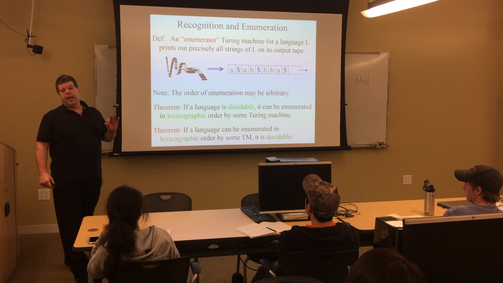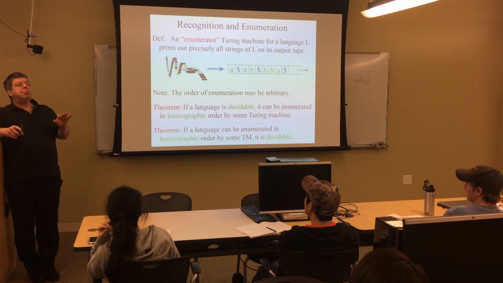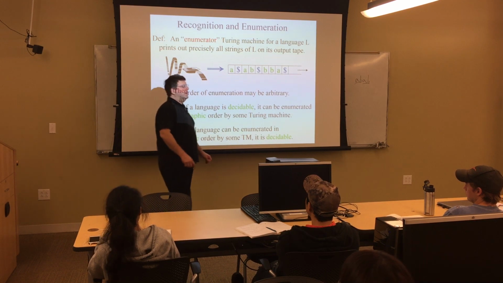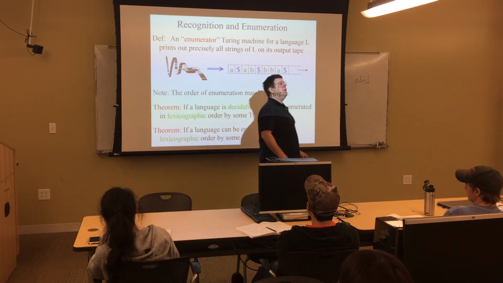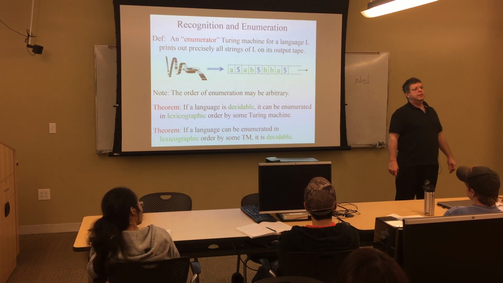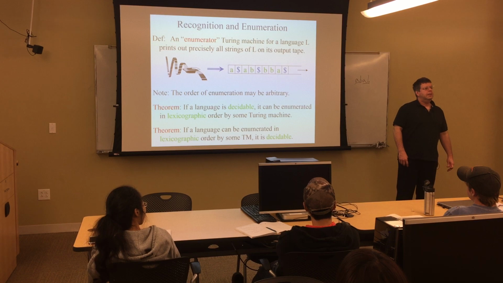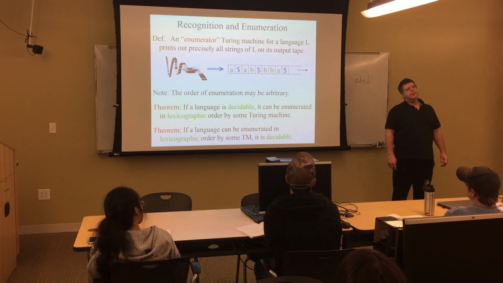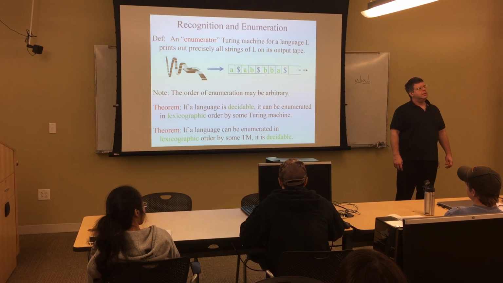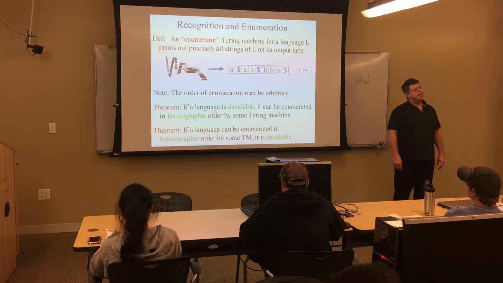No, I never said an enumerator generally is a lexicographic enumerator. Here's a prime number enumerator that's not lexicographic. 23, 5, 37, 3, Google plus 1. Actually, that's not prime either, but I'll let you figure that out.